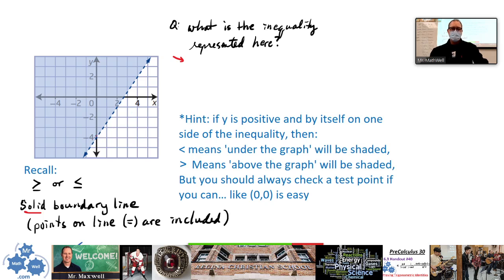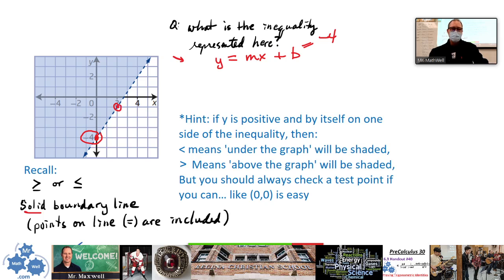In order to identify this inequality, we know that this is a line, and I can see that the y-intercept is negative 4. So I'm going to think about y equals mx plus b as the form of the line for our boundary, and b is negative 4. What's the slope? I want to pick a point like this one and another point that I know for sure the line travels through. It looks like 2, negative 1 is another point.